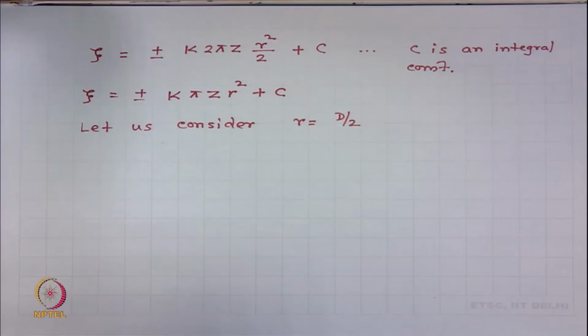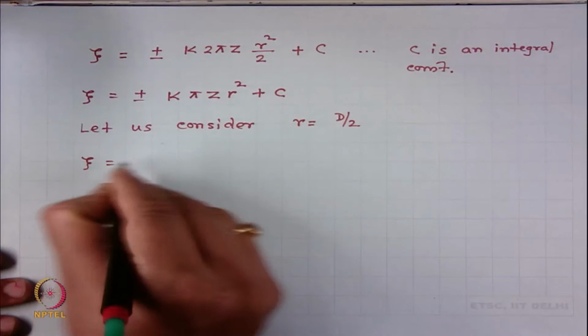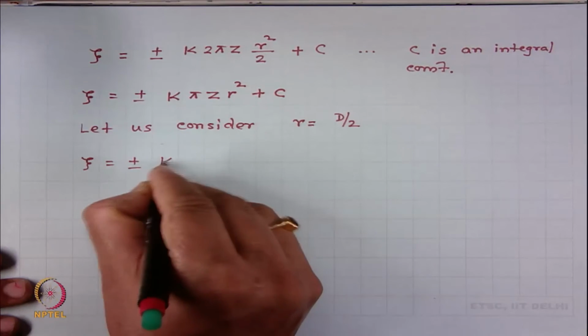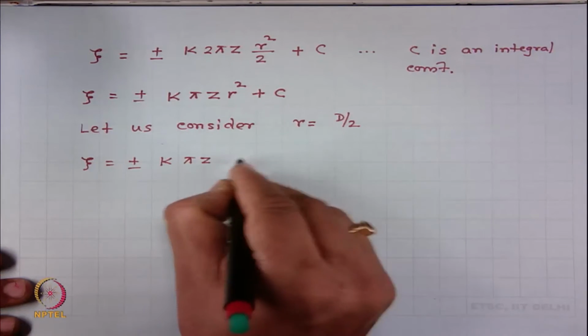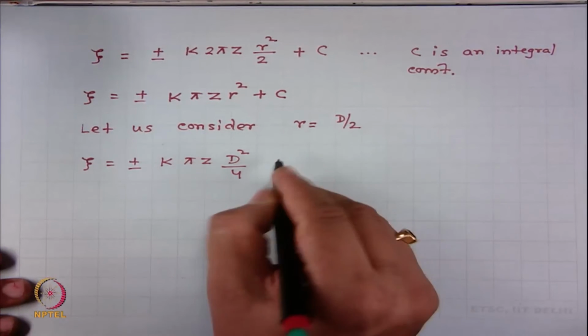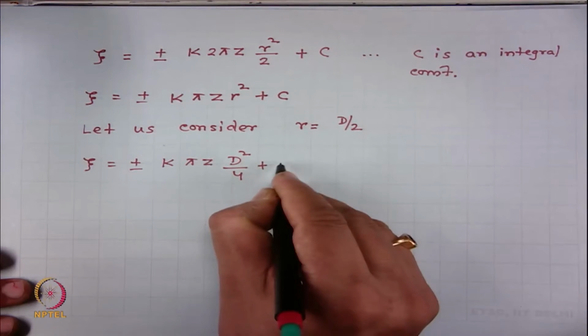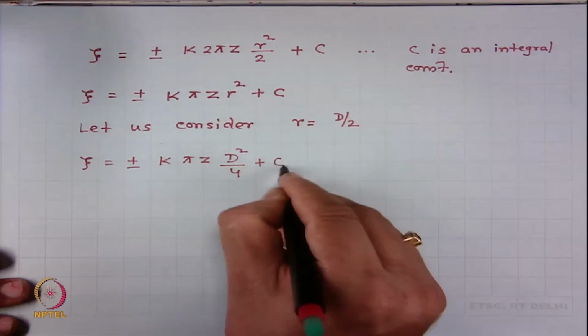So, zeta is plus minus k pi z d square by 4 plus c.